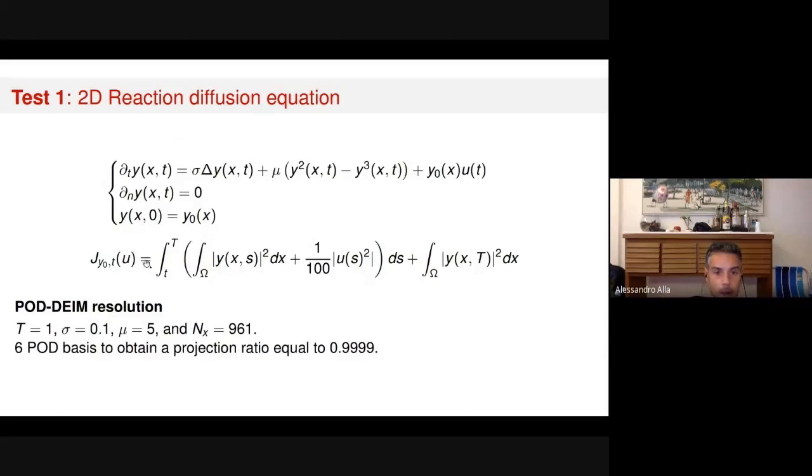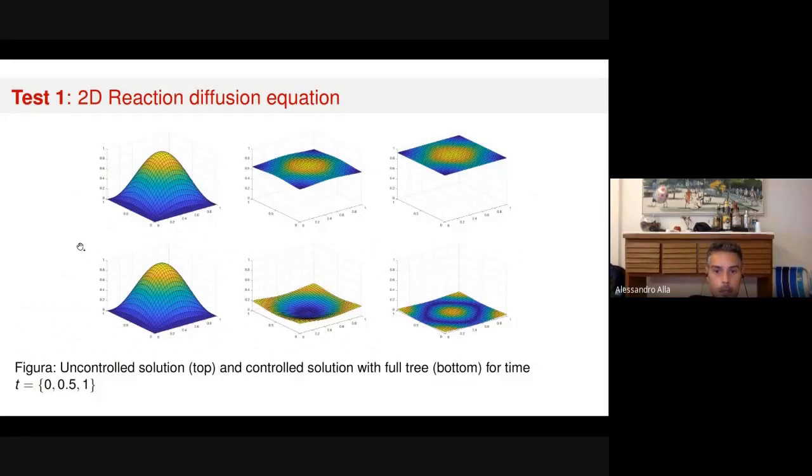And here we have worked with dimension 6. Essentially, here we have 1,000, and we got down to dimension 6. Here this is the uncontrolled problem, the evolution over time: initial condition, time t equals 0.5, t equals 1.